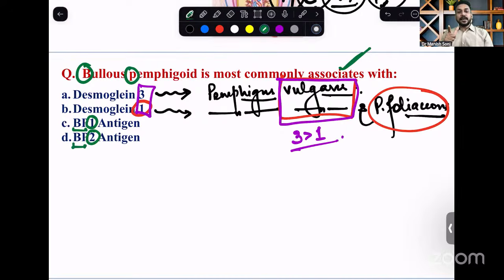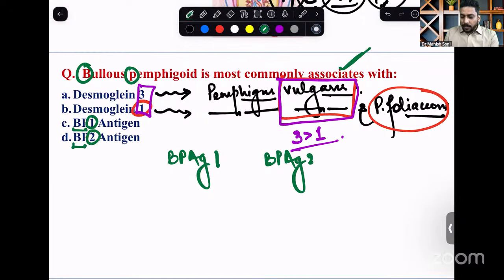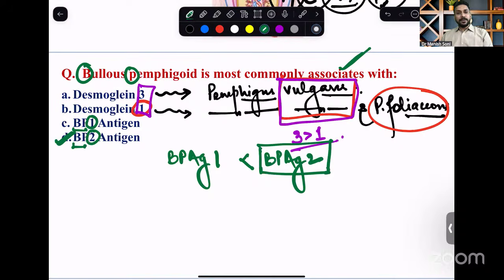But both are given in separate options. So which one are you going to choose? Remember that both are involved. BPAG1 is also involved and BPAG2 is also involved. But if both are given in separate options, which one will you choose? Remember 2 more than 1. So the answer here is BPAG2 because BPAG2 is more commonly involved than BPAG1.